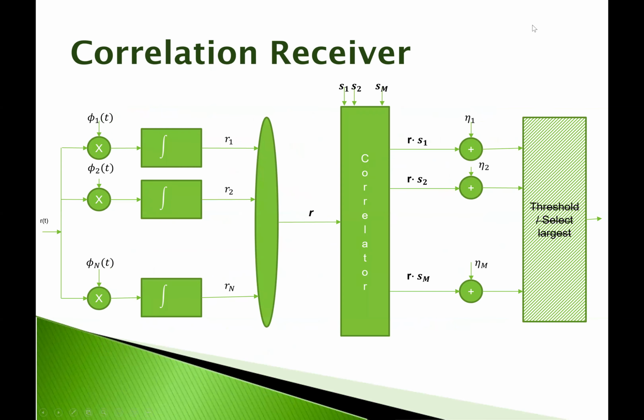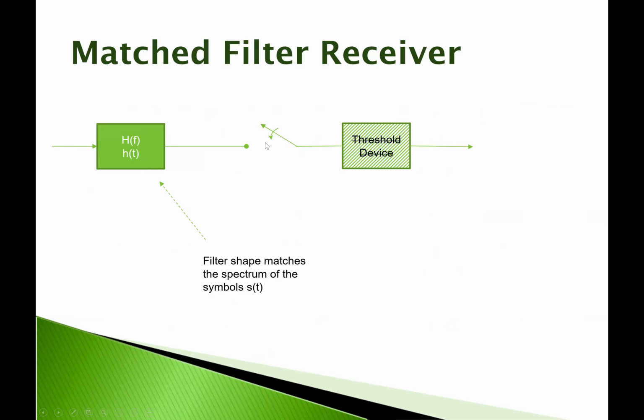So here's a correlation receiver, one implementation of that, and basically we would just throw out this threshold and look at these voltages here. And the same thing here in a matched filter receiver. We're just going to look at that one.